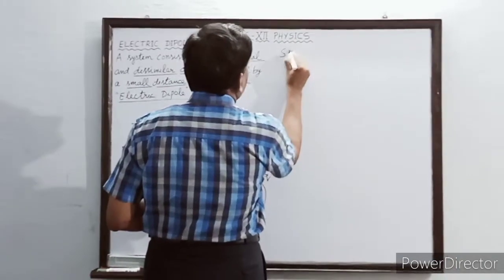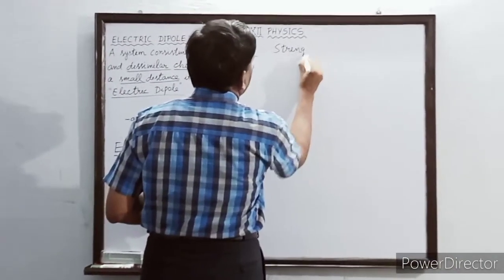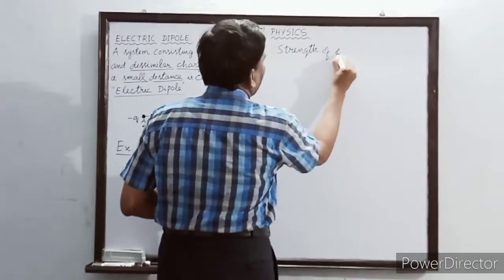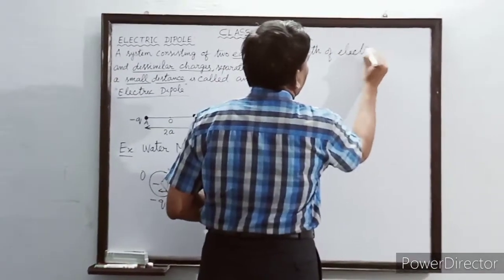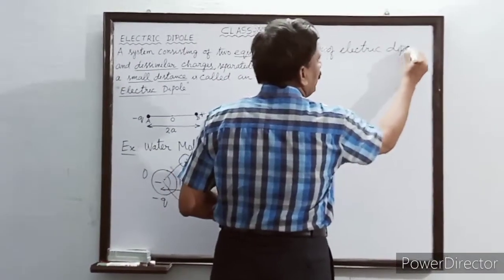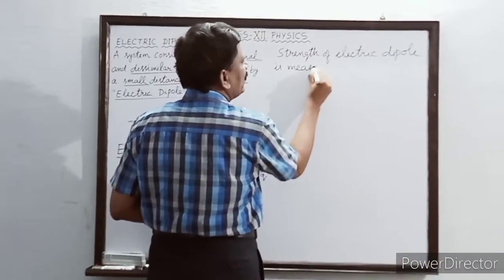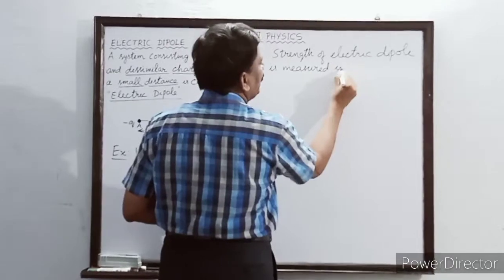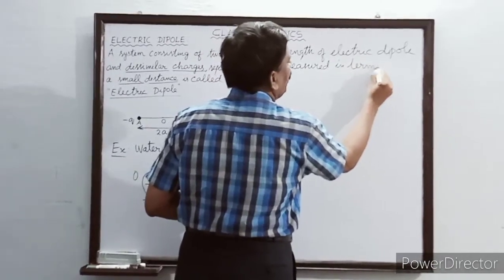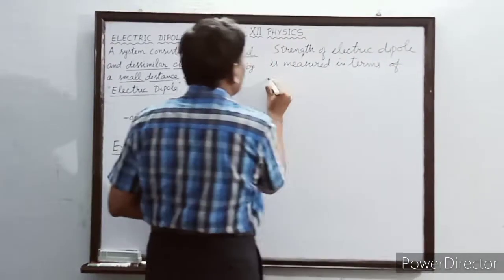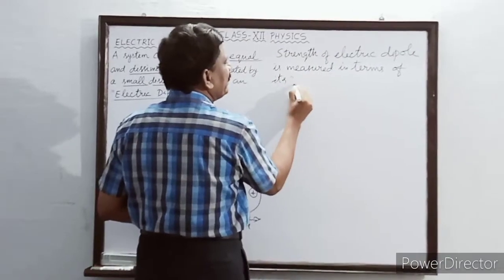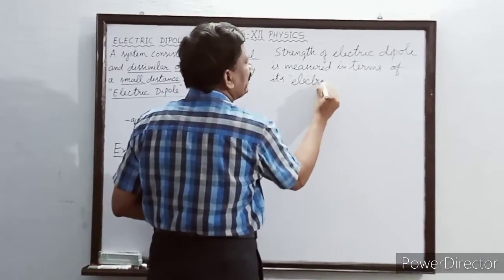So, the strength of an electric dipole is measured, or expressed, in terms of its electric dipole moment.